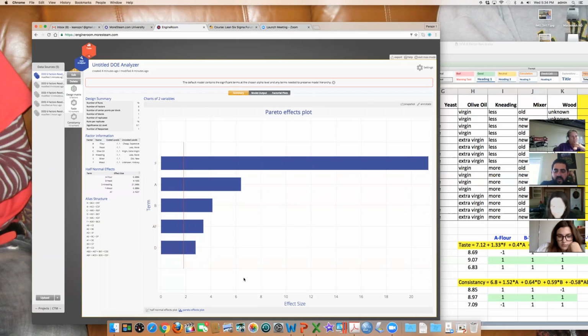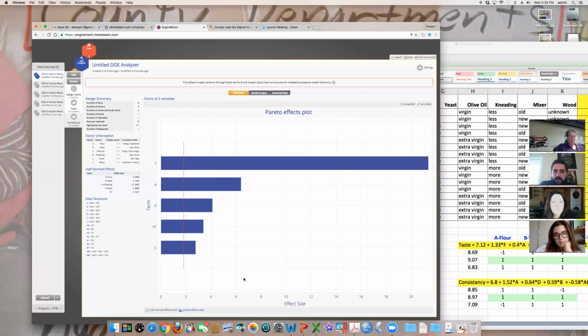So what that essentially says to us is that AF is significant, and that's an interaction between flour and wood, but it could just as easily be an interaction between kneading and the mixer. If we were concerned about that, we'd have to go back and check that in subsequent experiments. So that's the summary output.